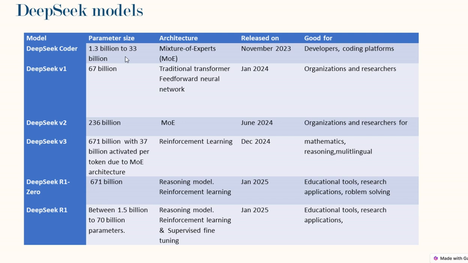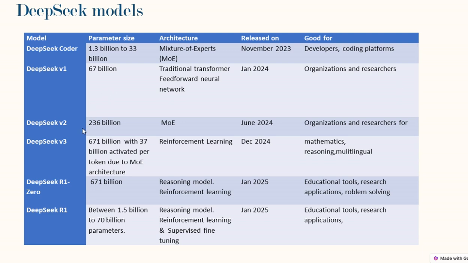The next came DeepSeek V1. V1 stands for version 1. This model has a parameter size of 67 billion and was released in Jan 2024. It is based on traditional transformer architecture with feed-forward neural networks, and it is good for organizations and researchers.